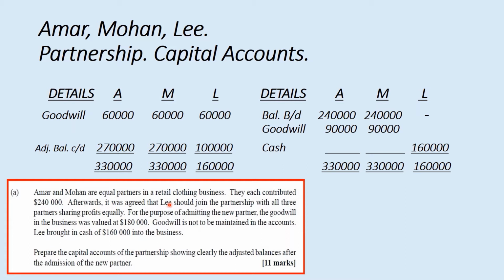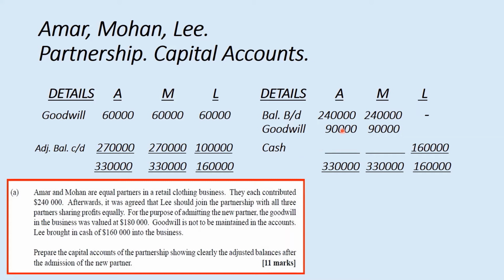So we need to divide this goodwill now into three persons when we are removing it from the books. Three equal portions will give us 60,000 each, and that's this entry here. So this 60,000, 60,000, 60,000 will come out of the books to remove goodwill from the books.